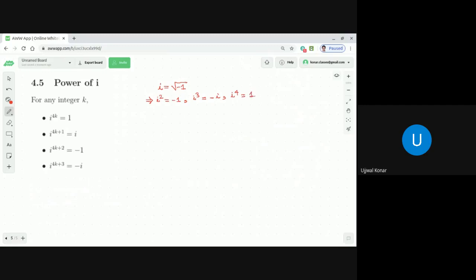I hope all of you agree. If i is equal to the square root of minus 1, then i square is minus 1, i cube is minus i, and i power 4 is 1.